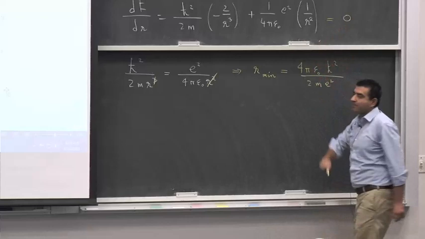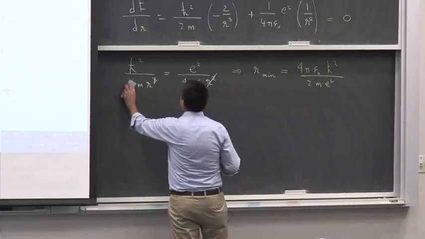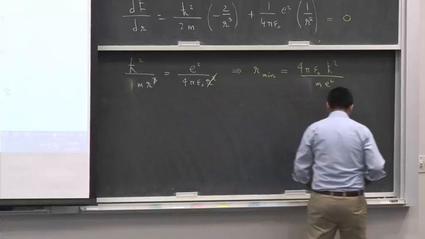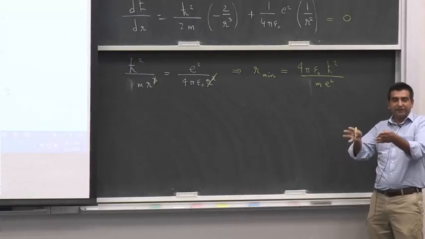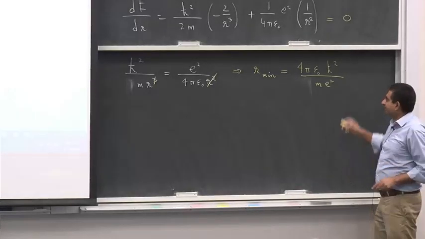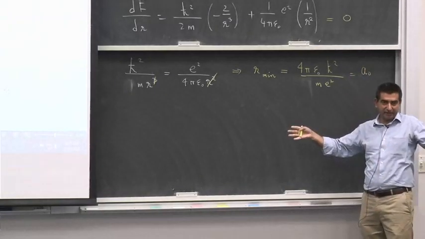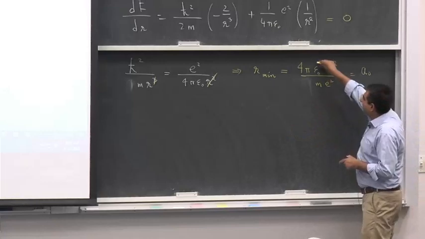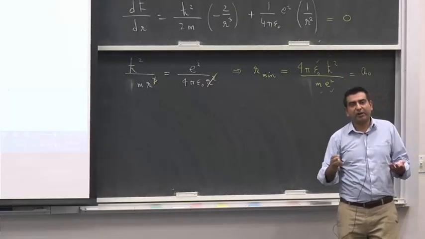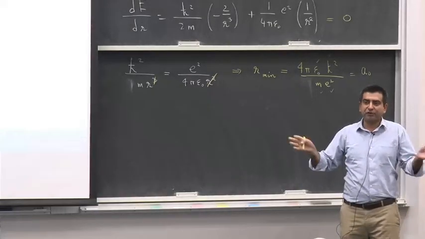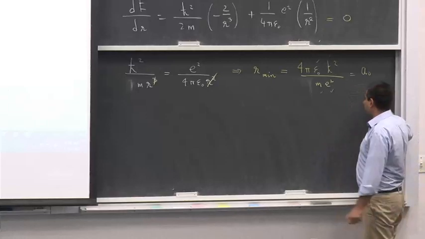You said the 2 should be cancelled. Okay? So this is the R that minimizes the energy. This is actually a naught. This gives me the value of a naught. Now by plugging in these fundamental constants, I can find out what a naught is, and this is 0.529 angstroms, 0.0529 nanometers. So this is how I can estimate Bohr's radius.